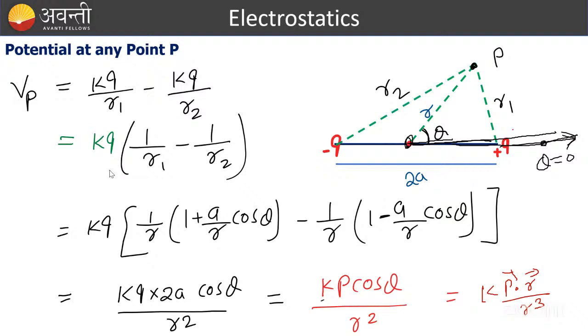So answer will be Kp by R square. And that is what we got for axial point. For equatorial point, we have got 0 as the answer. So for equatorial point, angle between R vector and dipole moment is 90 degree, cos 90 is 0. So potential at equatorial point will be always 0.